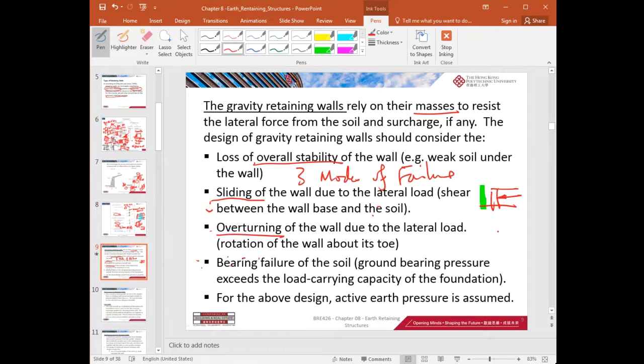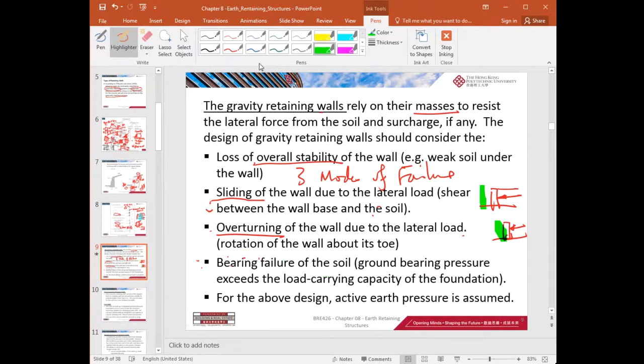It means that the retaining wall is overturning, toppling. It's rotation of the wall about its toe.